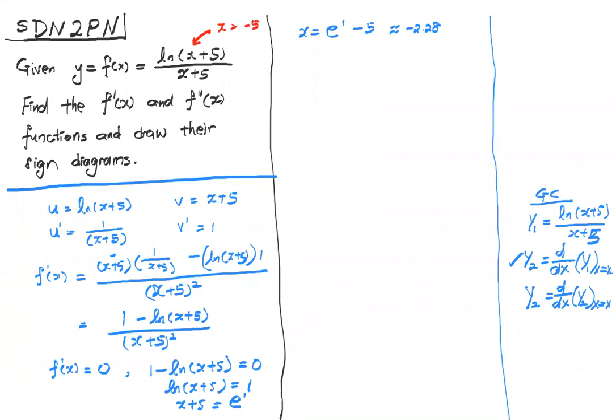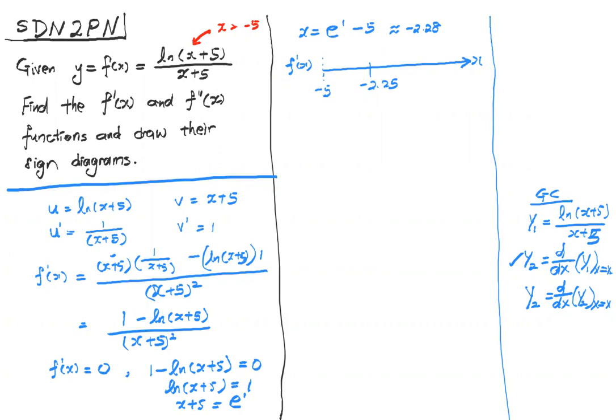So when I draw the sign diagram for f'(x), I put negative 5 here, then I draw my x and this is my negative 2.28. But be very careful if the question involves time. Listen carefully, time can never be negative. That is something you have to take note of.